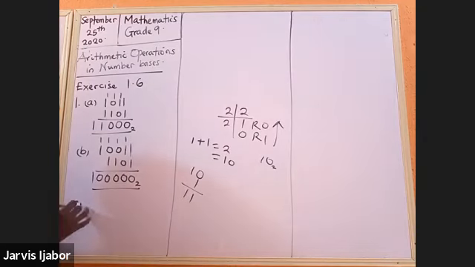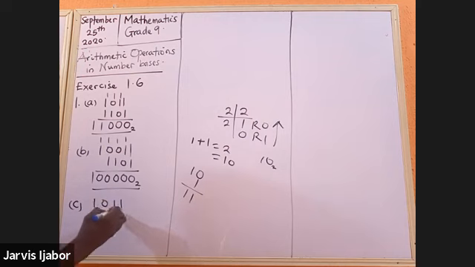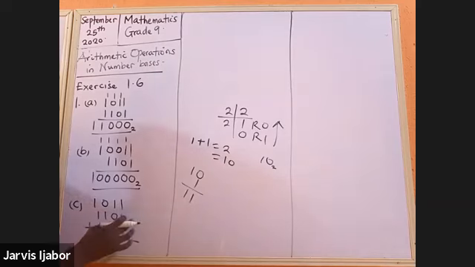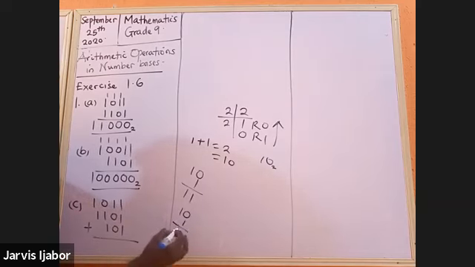Let's go to C. 1011 plus 1101 plus 101. Let's add this together. 1 plus 1 is 10, plus 1, 11.